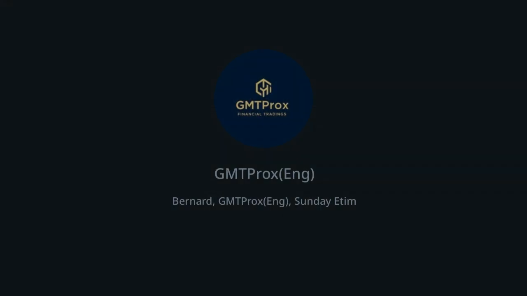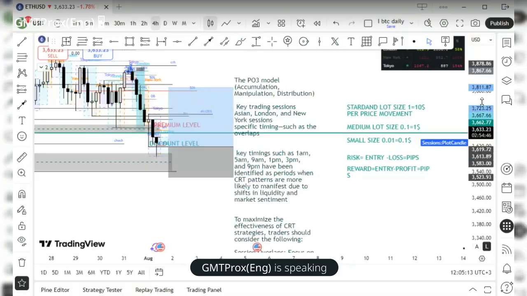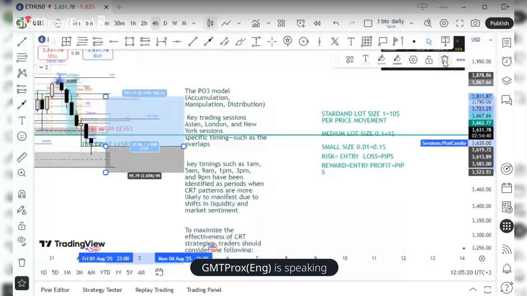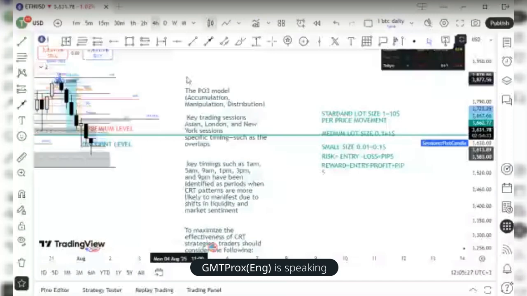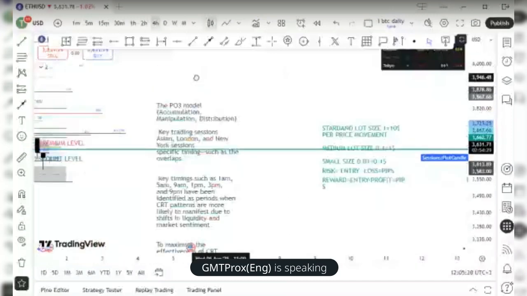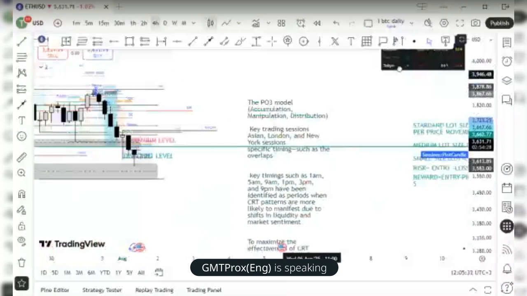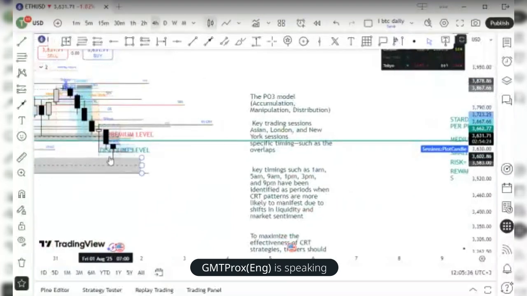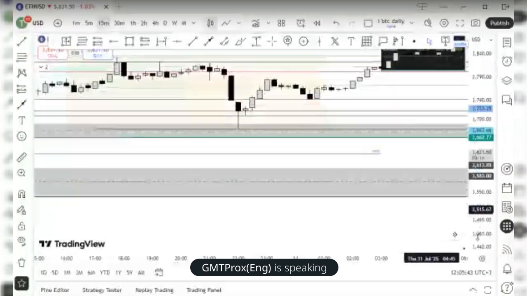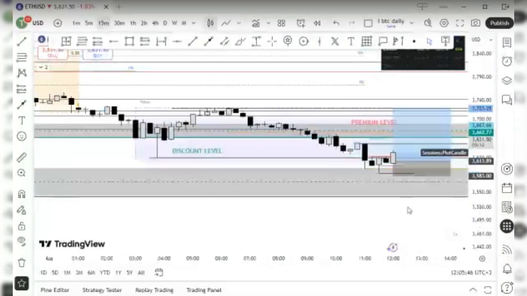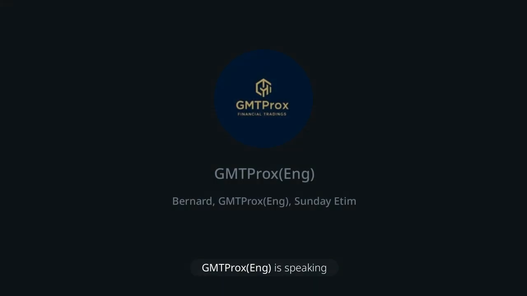Now you see, this is the 4-hour time frame. Price has come inside our establishment range now. You see, it is inside our establishment. So we go to 15 minutes to see our fair value gap.